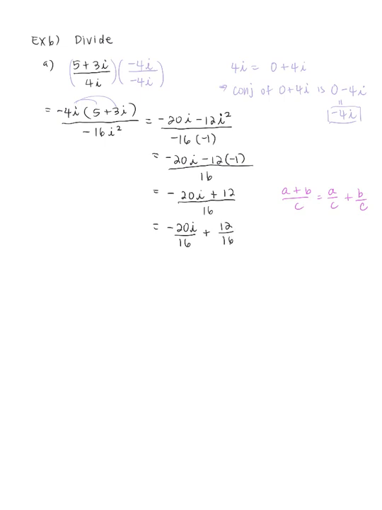Okay, so now we're going to reduce this all the way. So 20 and 16, does 4 go in? I think so. 16 divided by 4 is 4, and 20 divided by 4 is 5. So here what we're going to get is negative 5i over 4.